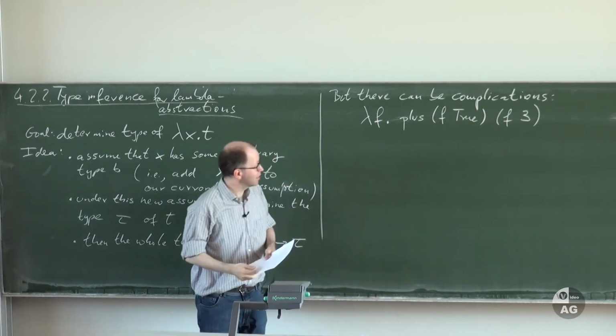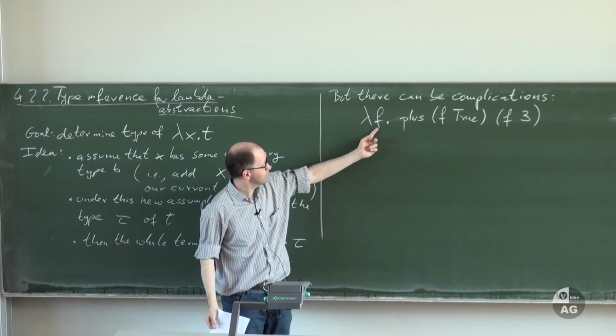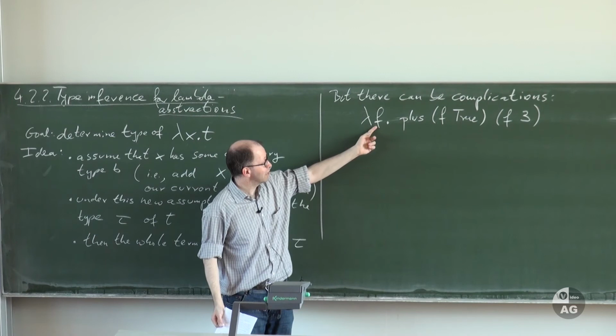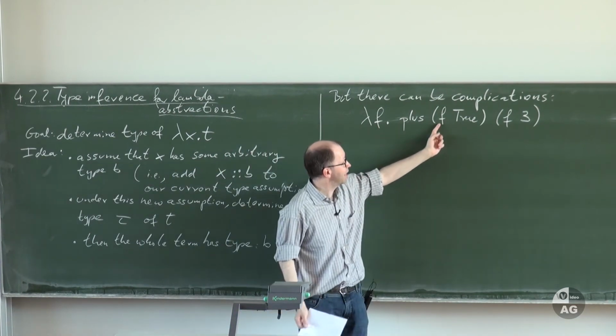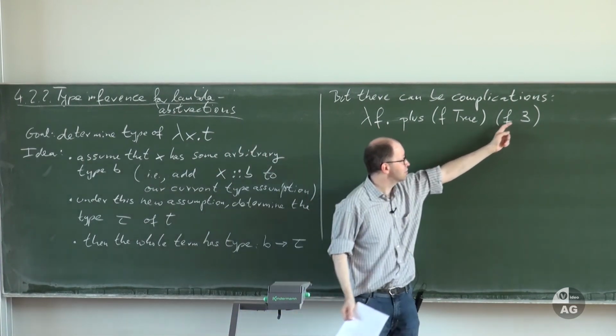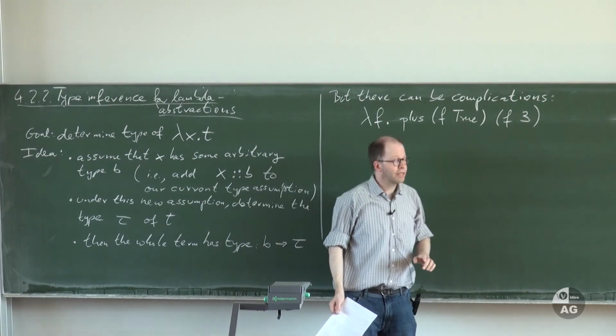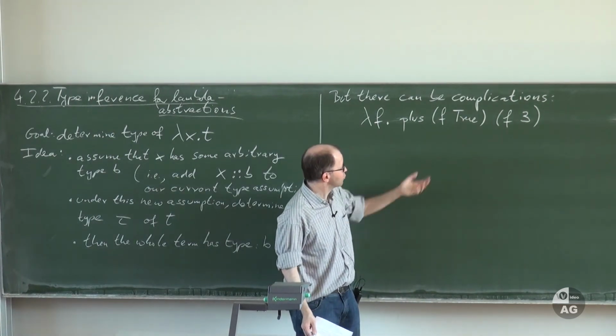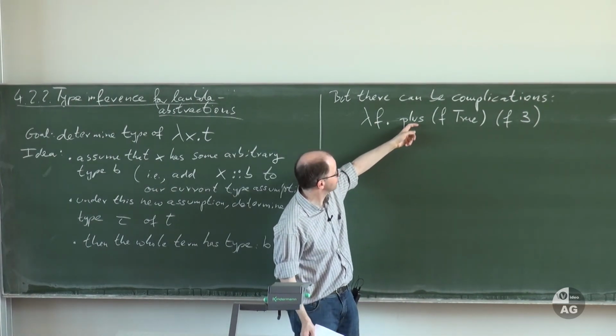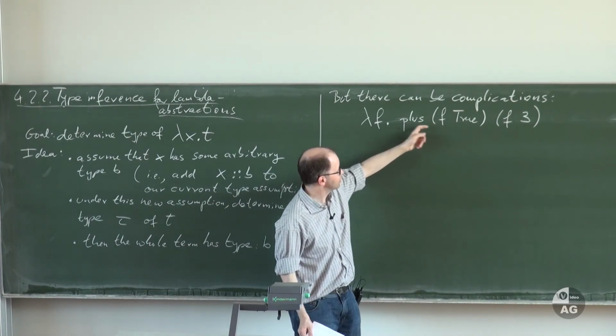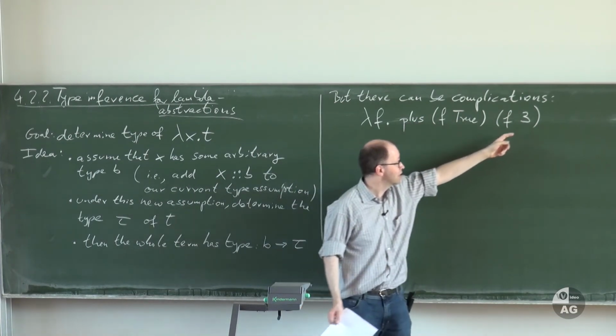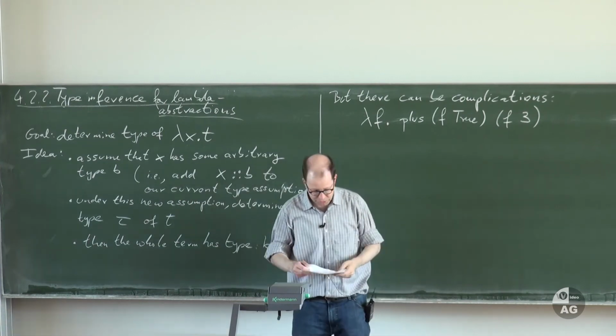So this is a bit ugly because this waits for a function f, and it seems that I can apply f both to Booleans and to integers. And the result of f should be an integer because I have to add this. So plus should be applicable to it. So the result of this should be an integer, and the result of this should be an integer as well.